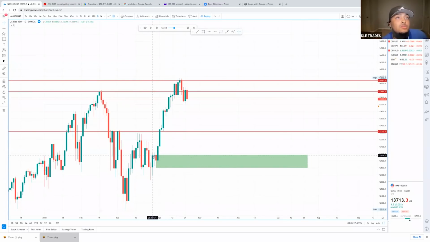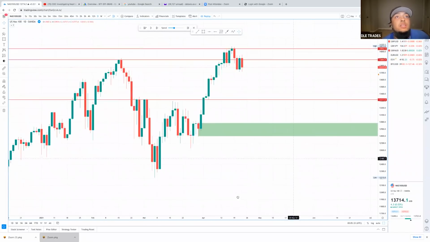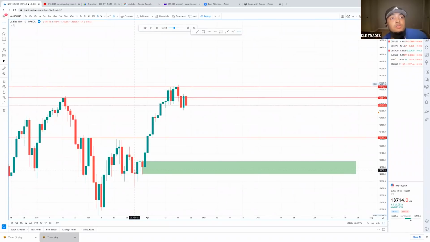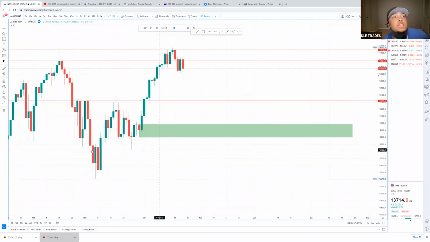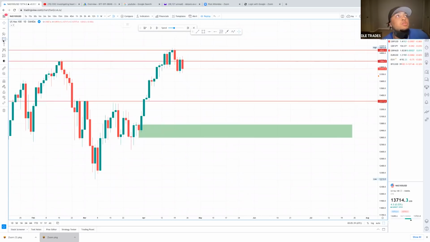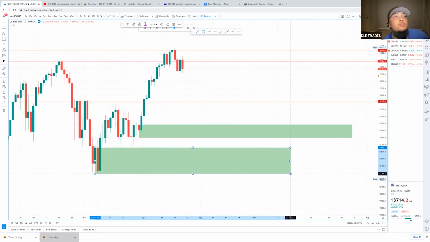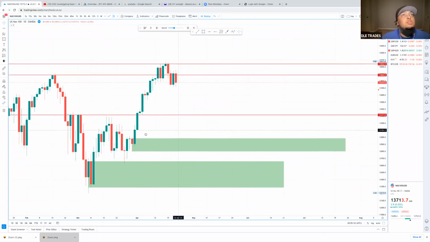Because we got this rally, we got this basing candle, and we got a huge rally from this area. So that's going to make it an important level. As you can see here in the past, this was also a demand level, and we reacted to it very, very nicely. So we could have taken trades here at this level, but for this video's purpose, I'm not going to use this one because it's already a used level.